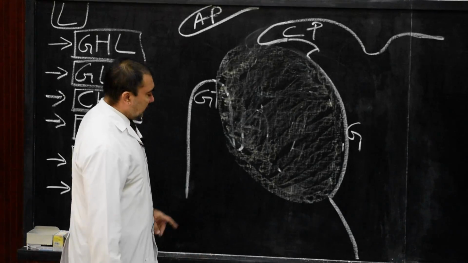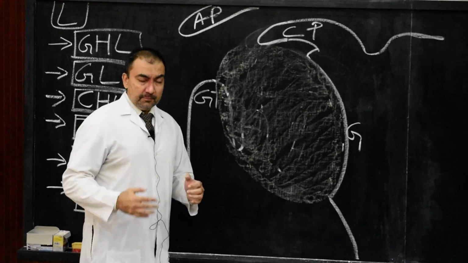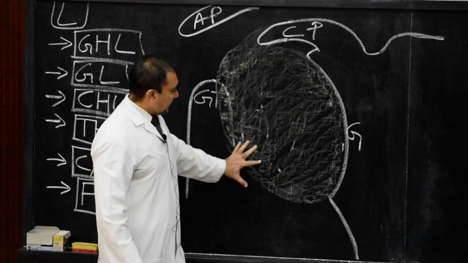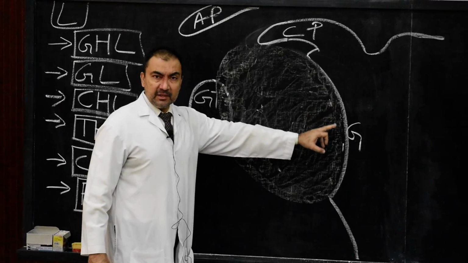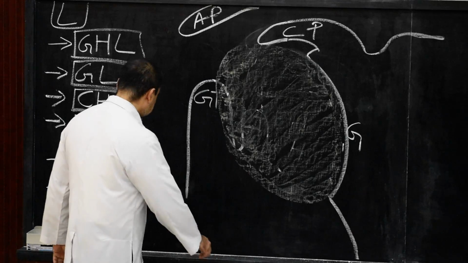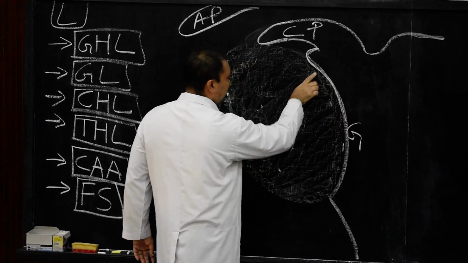Now second point. These glenohumeral ligaments will be passing upwards and medially. They will pass upwards medially and will be attached to the superior-medial margin of glenoid cavity. They are attached here.